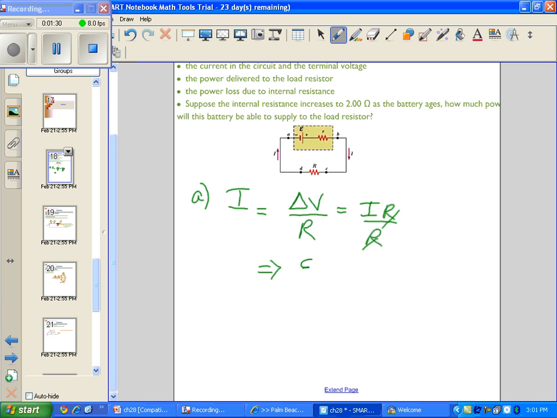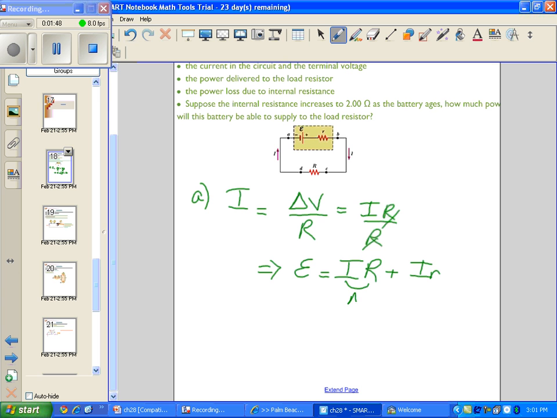So what we're going to do is make use of the relationship that we derived earlier, where we know that the EMF will be equal to delta V, or IR, I times the load resistance, plus I times little r, the internal resistance.